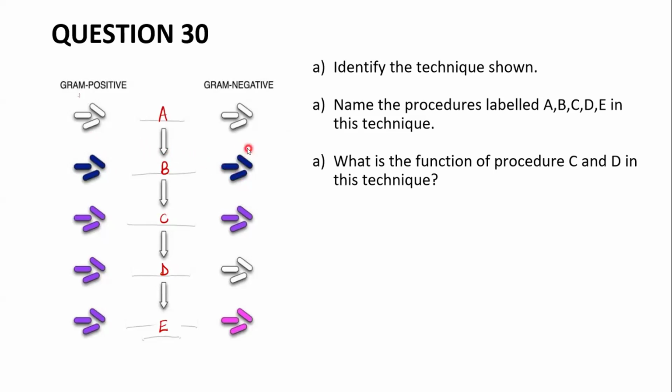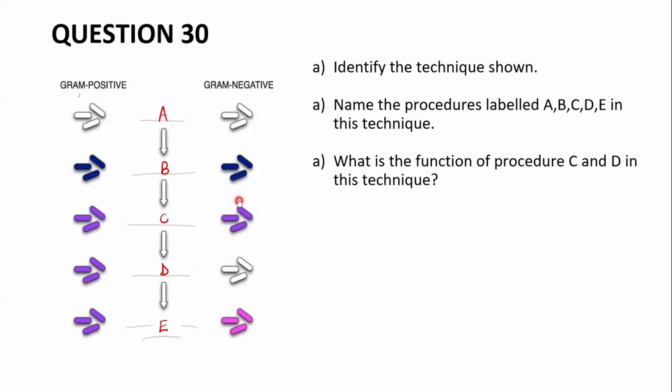Why we're doing this is because we want this crystal violet to penetrate the bacterial cell wall. And then it will stain it this purplish color. Regardless of whether it's gram positive or gram negative, it still appears purple. That's the primary stain.